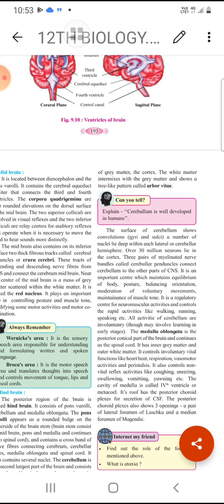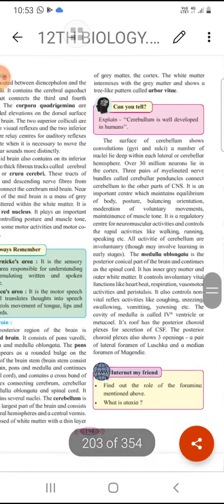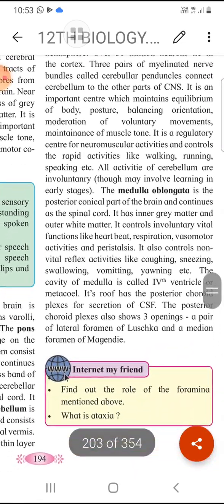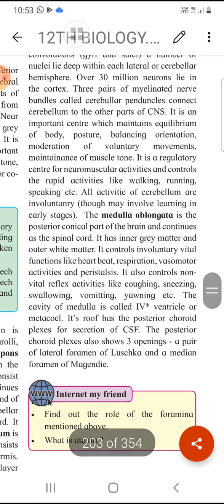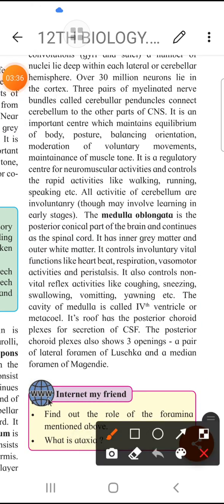Now when you talk about the main function, what exactly the cerebellum is doing, cerebellum का function mark करेंगे. We'll just highlight this part. So you should be on page number 194, where we'll mark the important function of cerebellum.